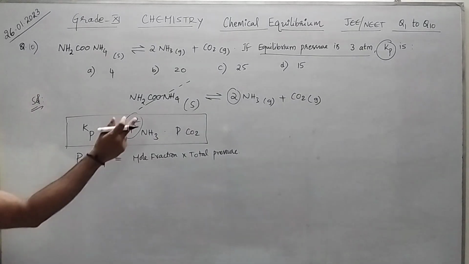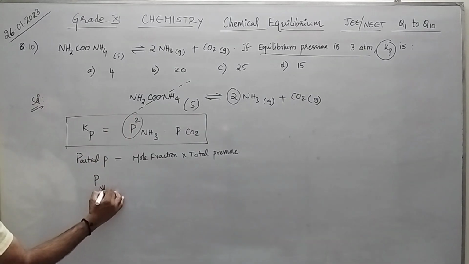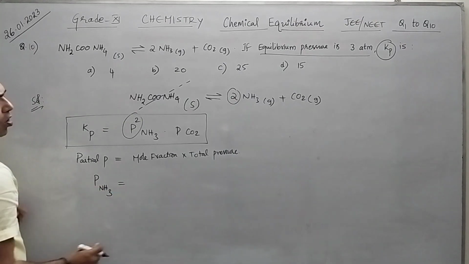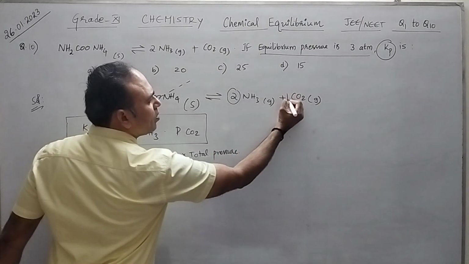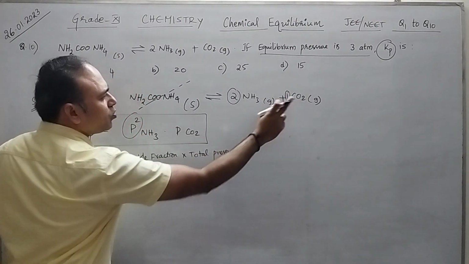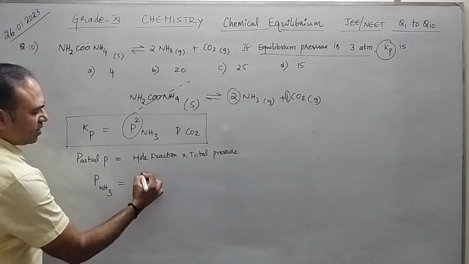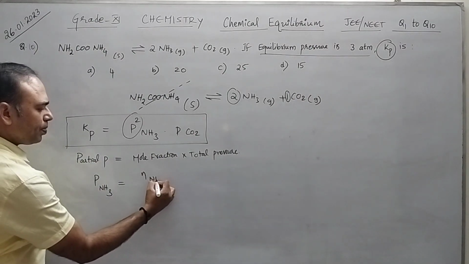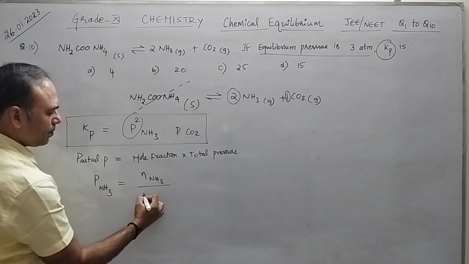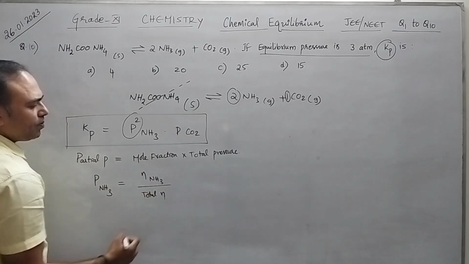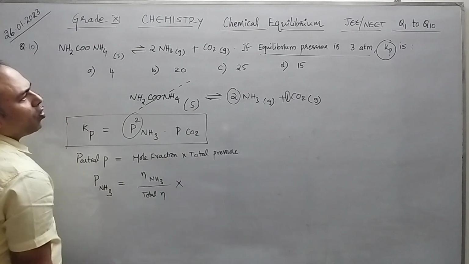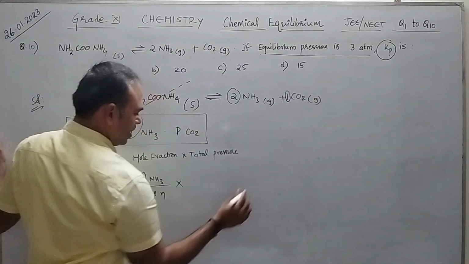Now let us calculate first the partial pressure of NH3. What will be the mole fraction? See here, you know that the number of moles are 2 and 1. So we can write it like this: number of moles of NH3 by total number of moles into, what is the total pressure they mentioned? 3 atmosphere.